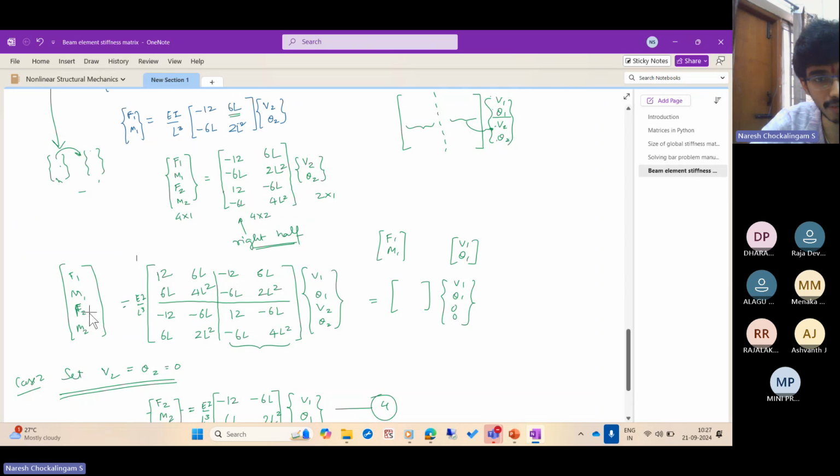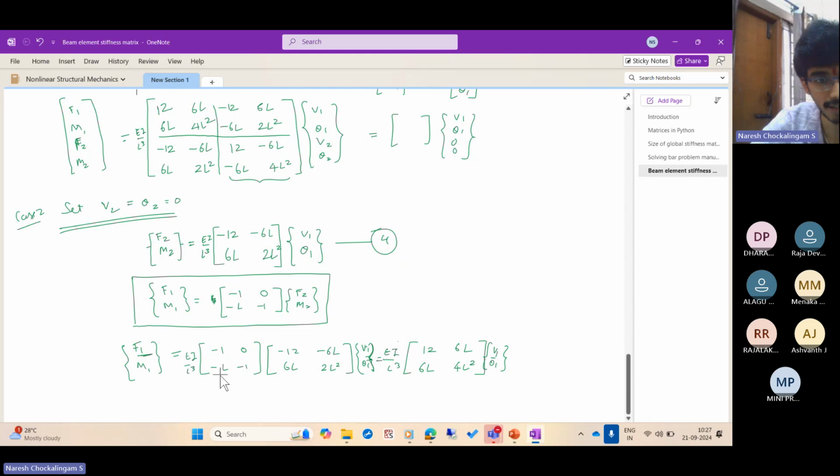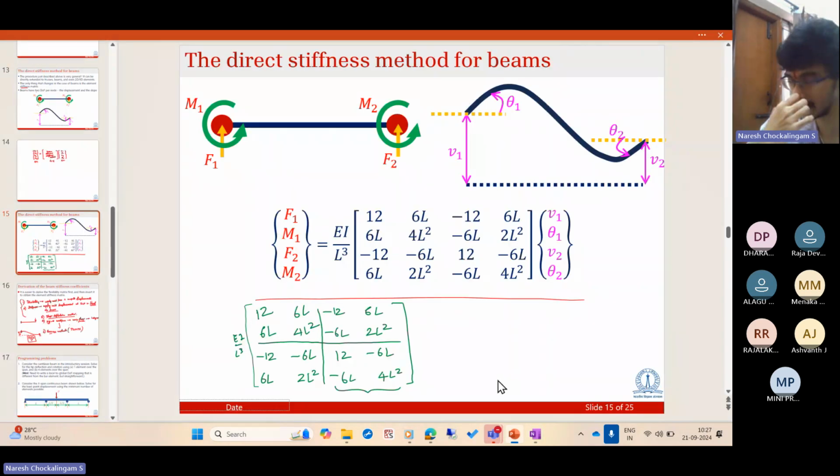So again, when you get F2 and M2, you can get F1 and M1 just by using the equilibrium conditions. Therefore, multiply this equilibrium matrix with the reduced stiffness matrix. So you get the remaining 4 coefficients as well. Then put them all together, we have got the beam stiffness matrix. So this may seem very lengthy, but once you get this, the coding part is actually easy.